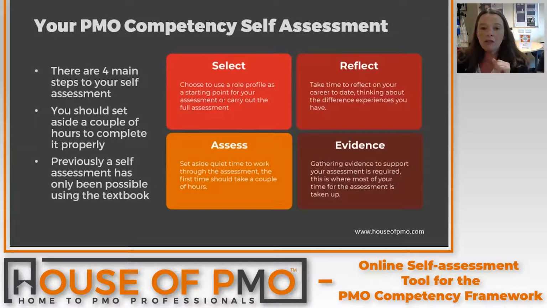So in terms of the self-assessment itself, we think about it in terms of 4 steps, and we'll show you exactly some of these aspects of it. In order to do one for the first time, you really do need to set some time aside.